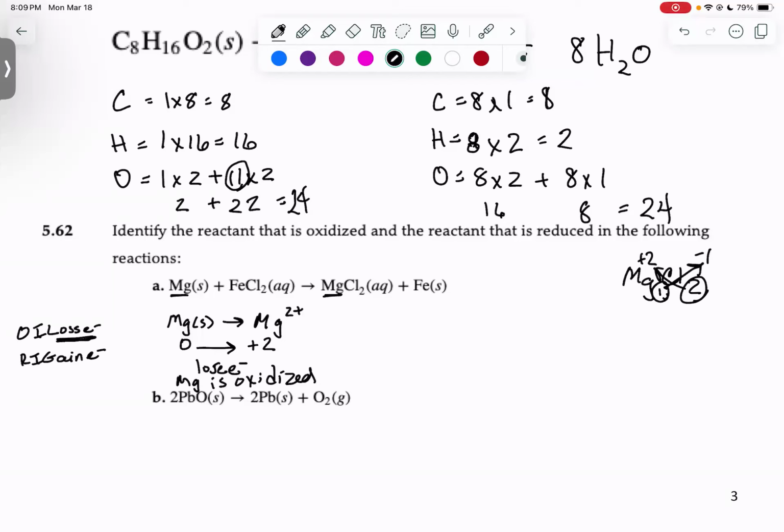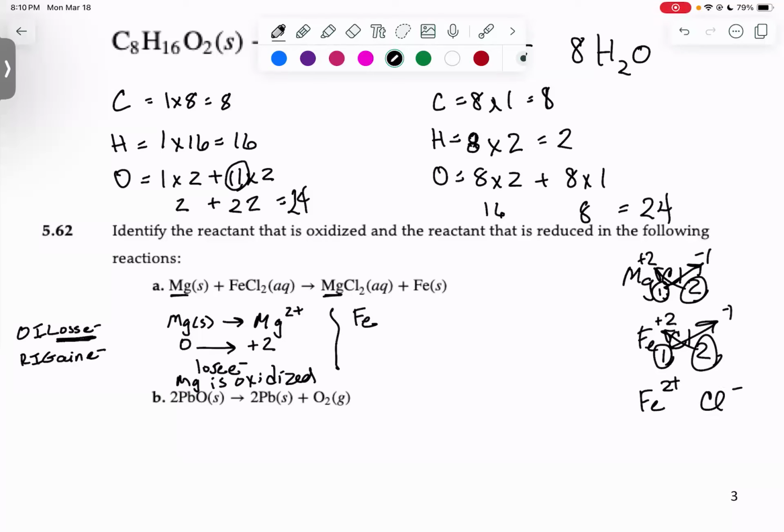So now let's look at what's happening with our other metal. We have iron, Fe. We're starting with FeCl2. All right, so let's do our reverse crossover. So that would mean the 2 would come up and I would get Fe2+, then I have a 1, and that would be 1 minus, right?